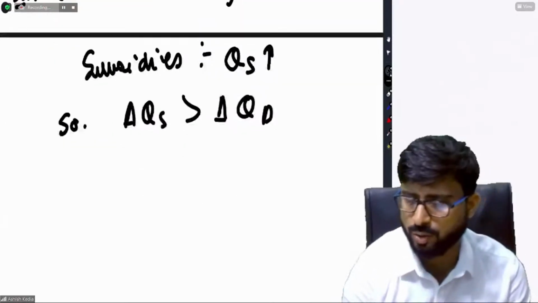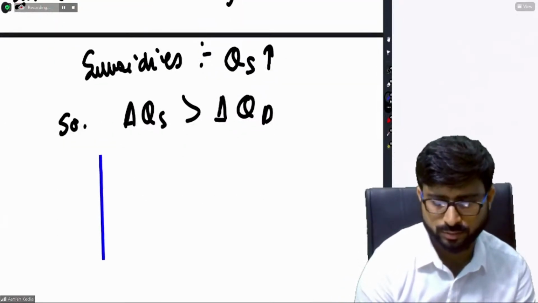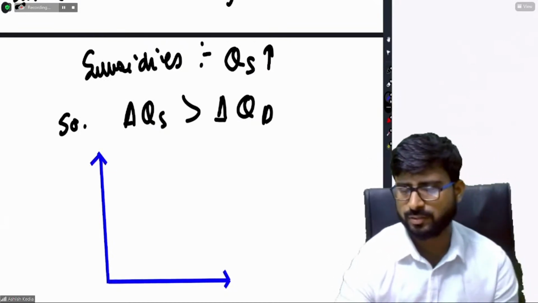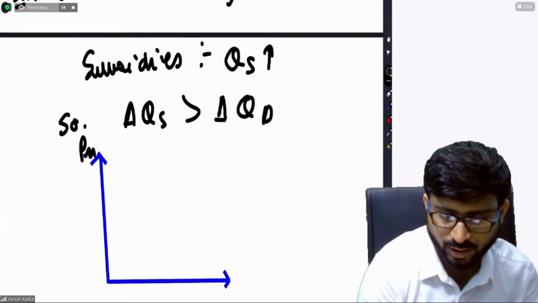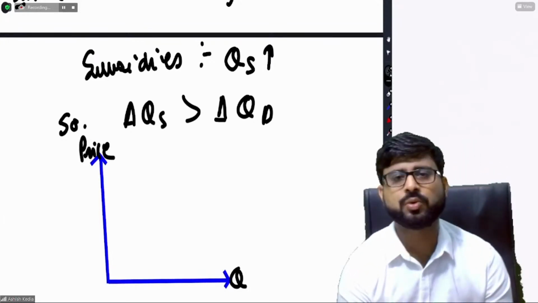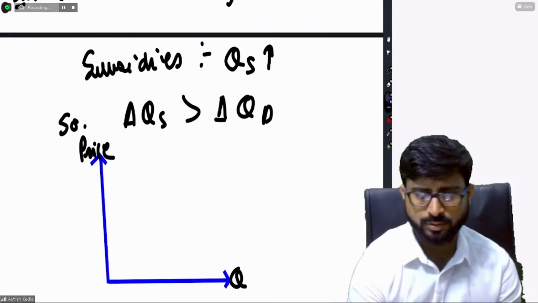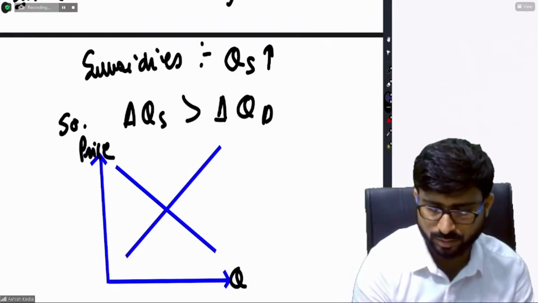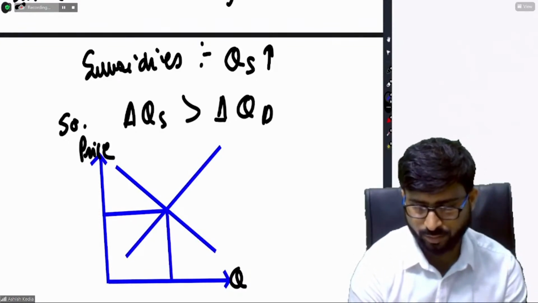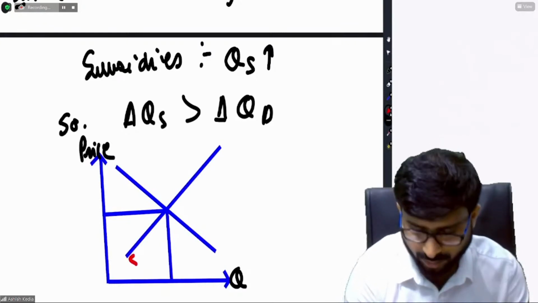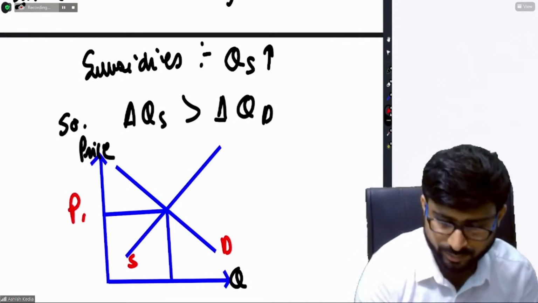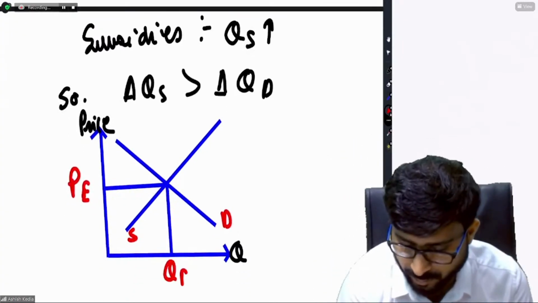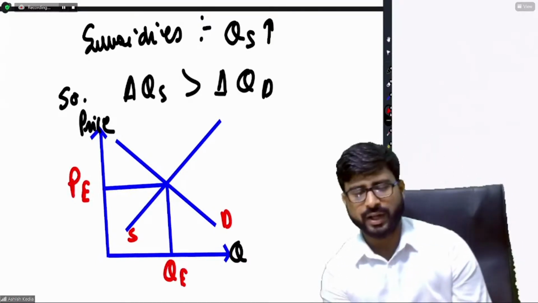Now, here is price, here is quantity. Demand, supply. Here we have equilibrium price. Here we have equilibrium quantity, right?